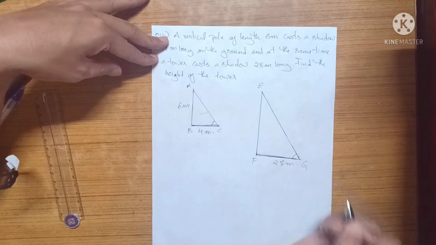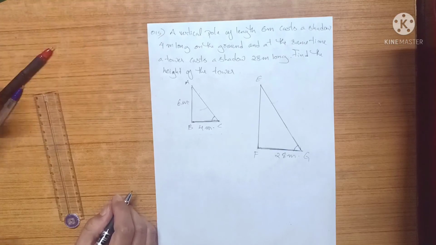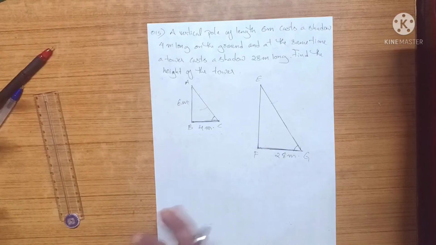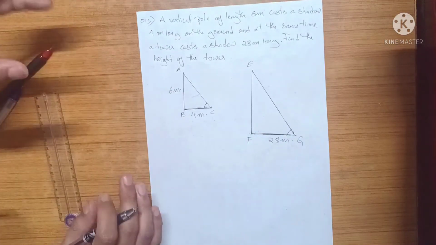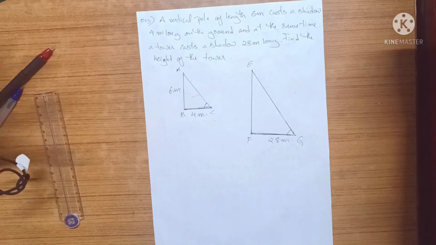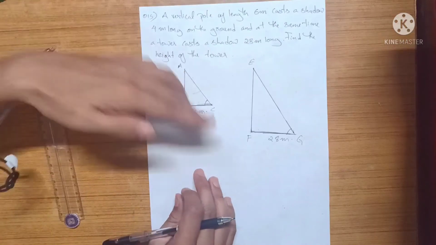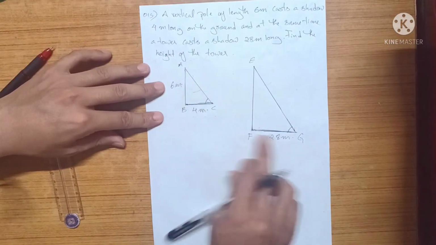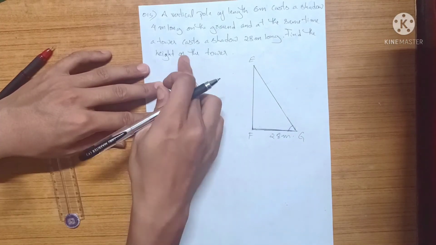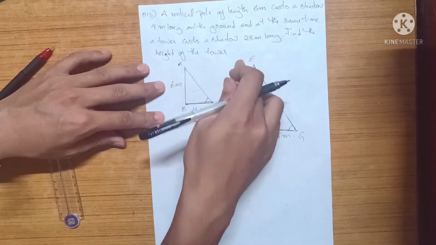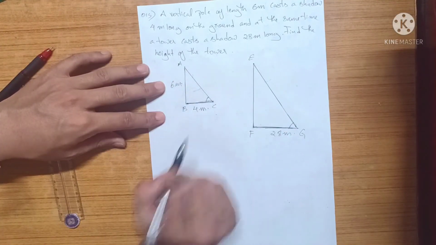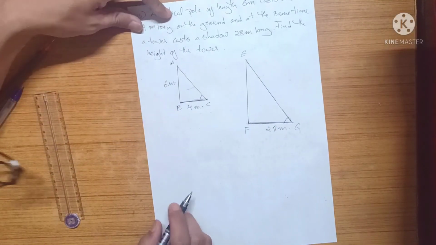This and this will always be equal, since it's the same location and the same time, and these two are very nearby. The sunlight which casts the shadow will be at the same exact angle. The inclination or elevation of the sun will always be the same, correct.